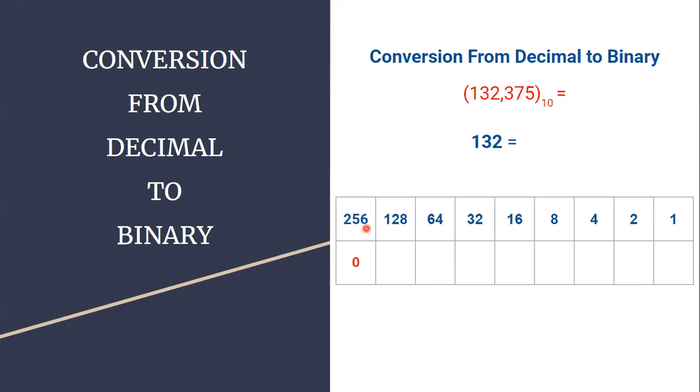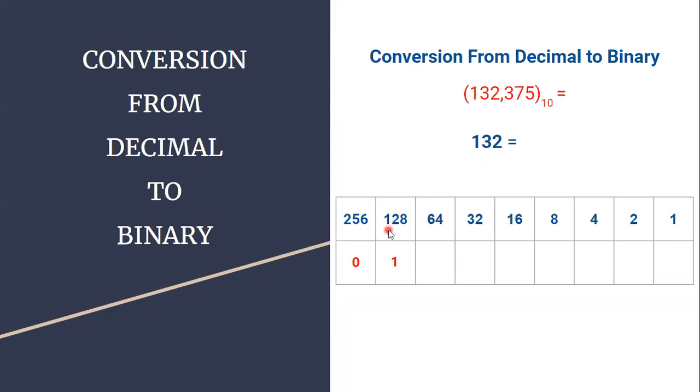So I put a 0. Now, 128 is lower than 132, so I'm going to use it. What number do I need to add to 128 in order to get 132? I need four more.